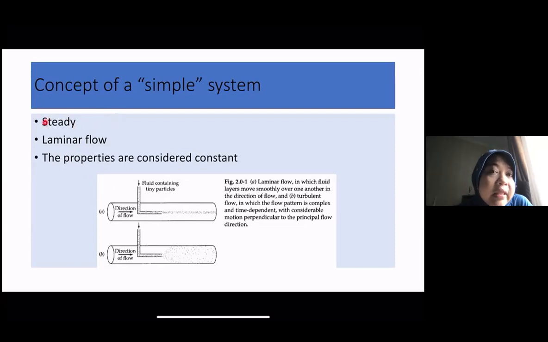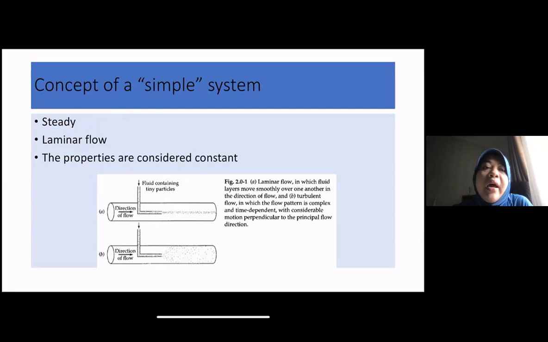So the concept of simple system that we're looking at is, first, it is steady, so there is no time included. It's not transient. If you're interested in going to the master degree, you will be introduced to a transient system, where the system is changing within time.